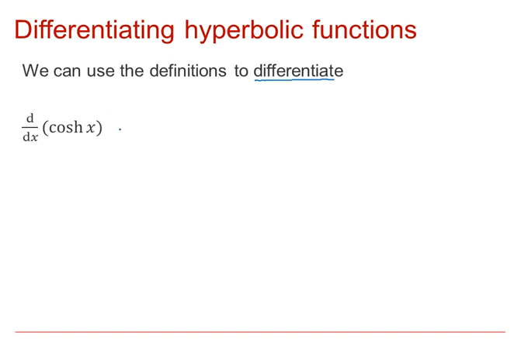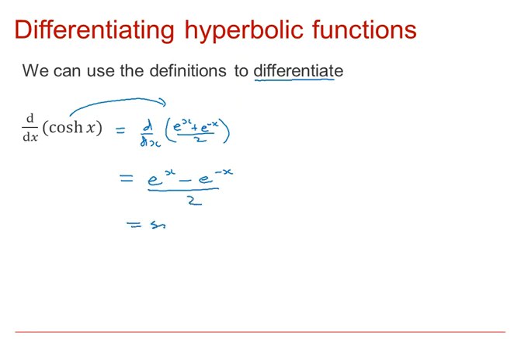So if I wanted to differentiate cosh x, for example, I could think of this as the derivative of, and go from cosh x to its definition, which is e to the x plus e to the minus x over 2. So differentiate e to the x is e to the x, differentiate e to the minus x is minus e to the minus x, a little chain rule there, and then we end up with the standard definition of sinh x.